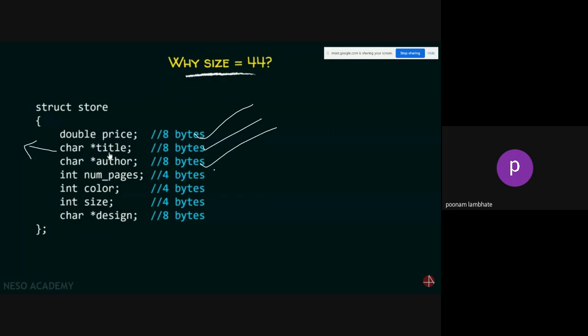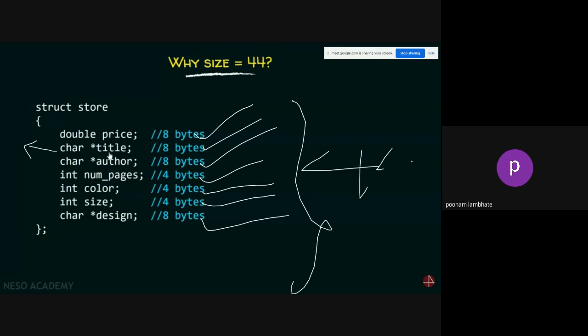Then author also 8 bytes. Suppose number of pages is an integer of 4 bytes. Color also, if I want to specify an integer value of the color, then I can have 4 bytes. Size again an integer, 4 bytes, and a string of, suppose, 8 bytes. So if you add all of this, you will get 44 as the size of the structure.